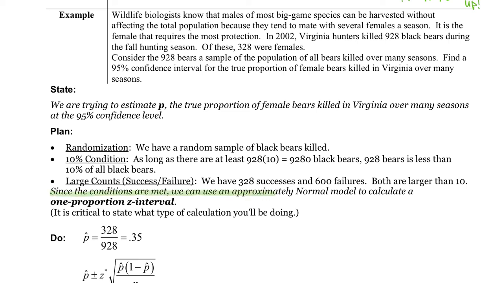We can shorten it slightly, but this part right here, this part that's in bold, says it right here. It's critical to state what type of calculation we're doing. We're doing a one proportion z interval. Why is it called a one proportion? Because guess what? In the future, we're going to do two proportions.